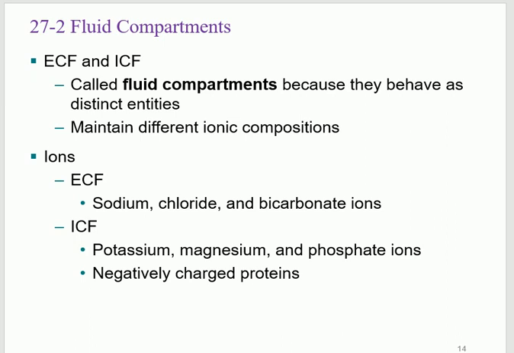Sodium, chloride, bicarb. Is that outside only? No, it's outside and inside. But which one is more? Outside. These are outside more. How about inside? Potassium, magnesium, phosphates, and negatively charged proteins.